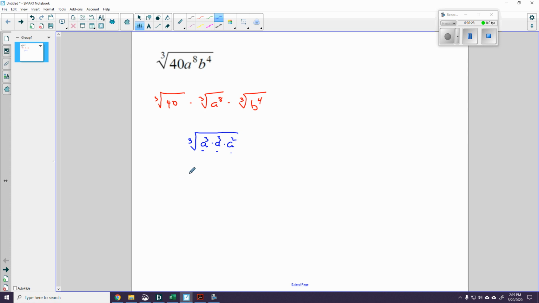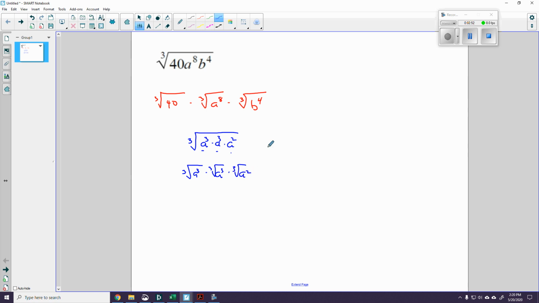If I divide this up, I have the cube root of a cubed times the cube root of a cubed times the cube root of a squared.